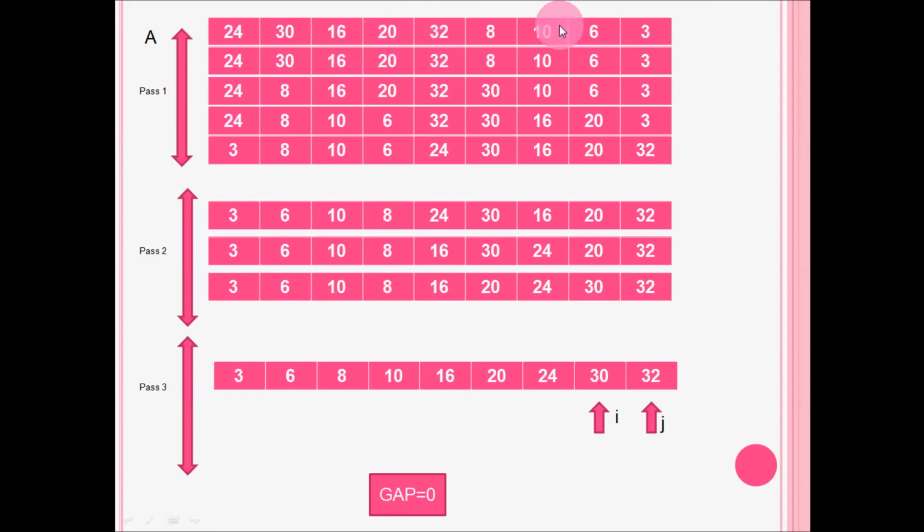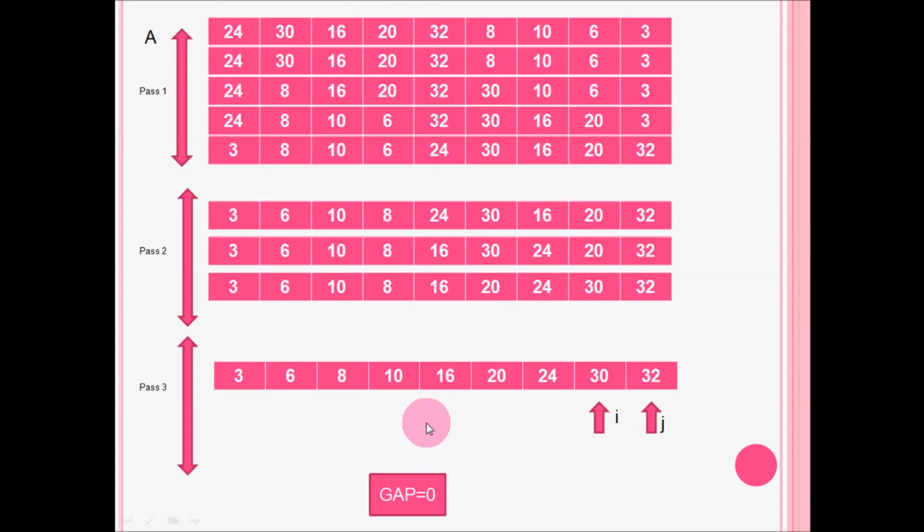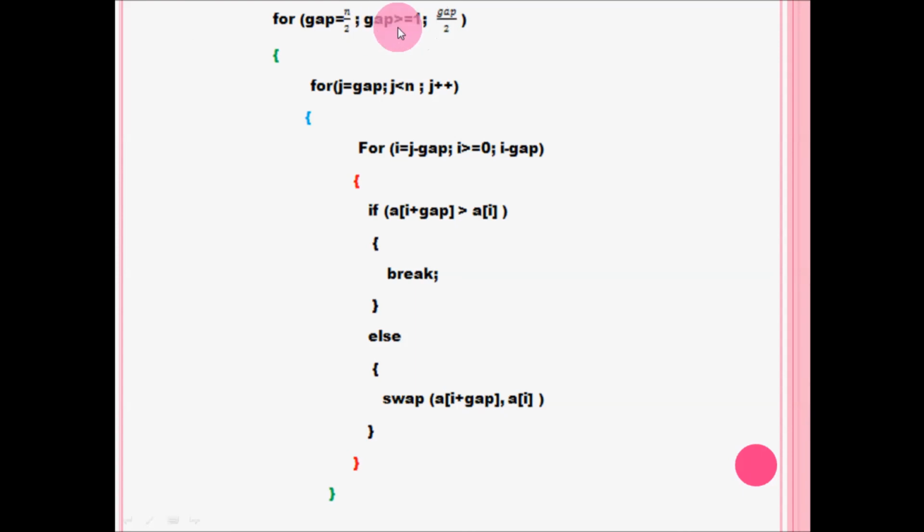So we have chosen a gap of 4. Then the gap should be greater than 1. We have seen that when the gap is less than 1, the whole sort ends. Meaning till the gap is 1, we have to change the passes. That's why we keep the condition here.